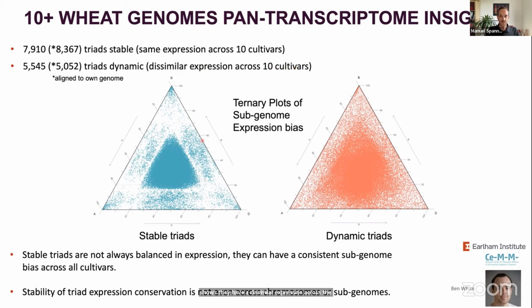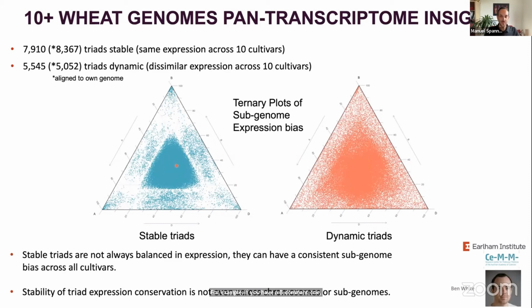When you look at the stable triads, most of them are actually here in the balanced gene count, and a balanced gene count means, I don't have time for a formal definition now, but basically that you have similar expression in the A, B, and D copy, okay? For example, if you have a B dominant one, then the B copy is much more expressed than the others.